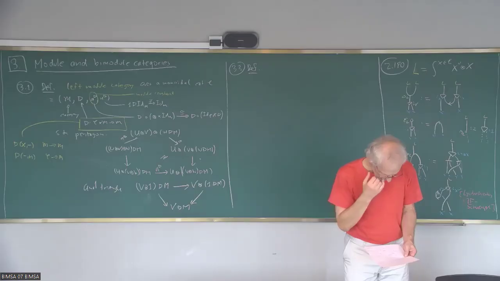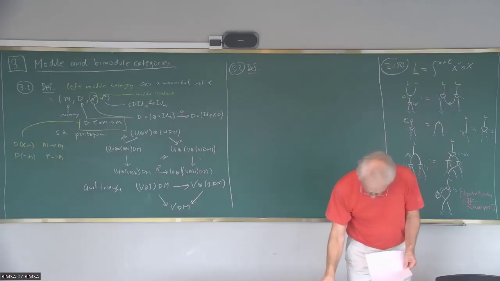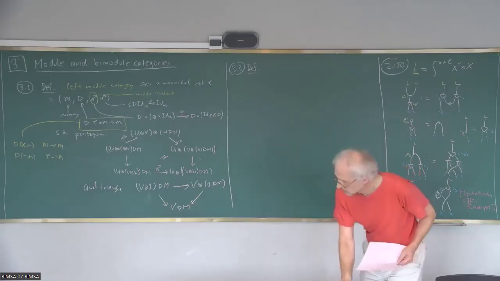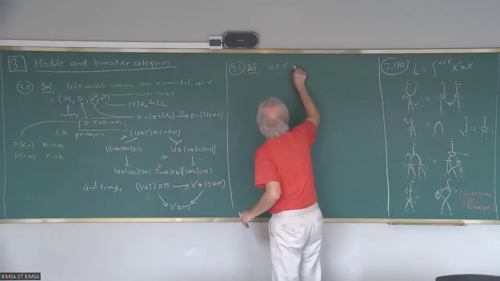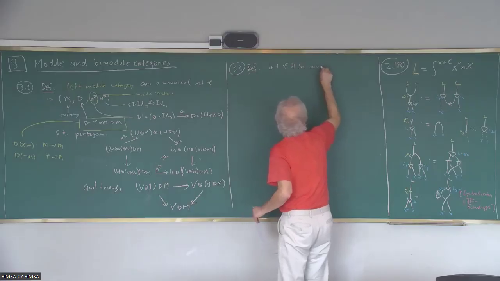So, assume that C and D are monoidal categories.